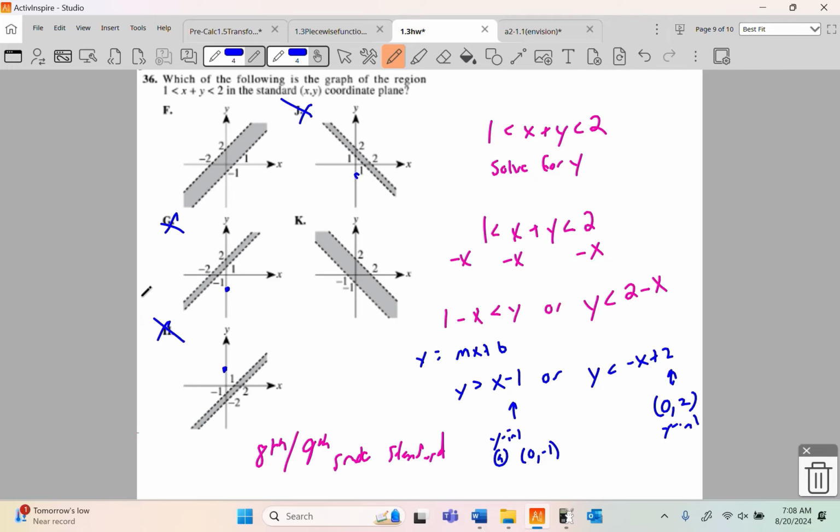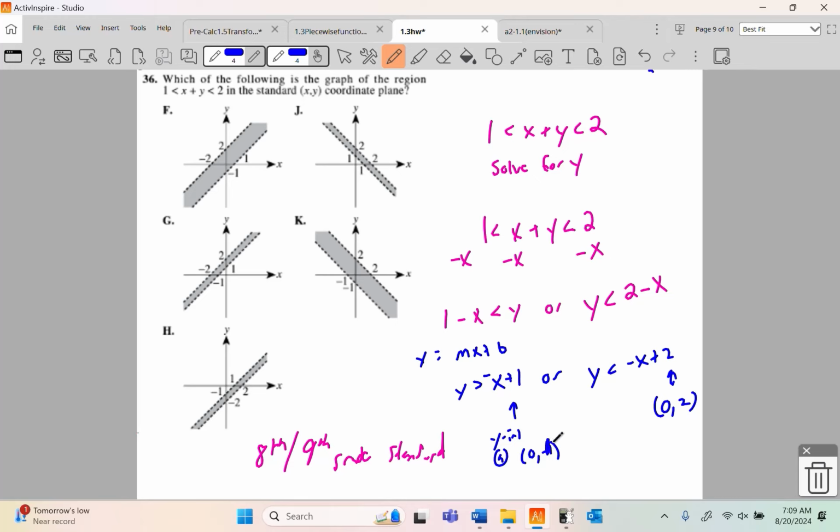The rest of this should just be done by looking at slope. That's supposed to be negative x plus 1, isn't it? Uh-oh. Milbrath made a mistake. Let's go back in time a little bit and fix this. So this was negative x plus 1, and we have a y-intercept at 0, 1.